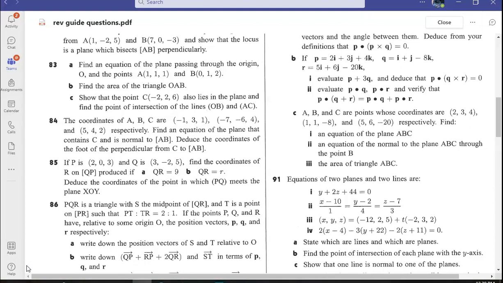So ax plus by plus cz equals d, by subbing in your points. So we should be able to do that. Sometimes it's harder to explain in words than actually do it.